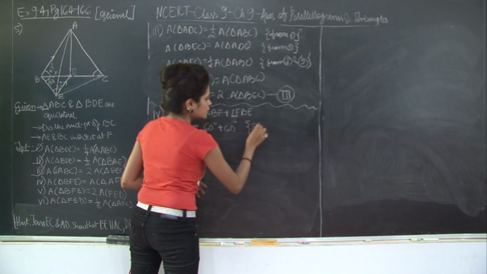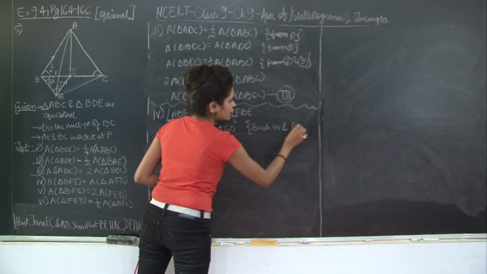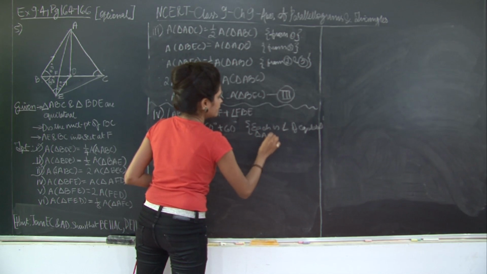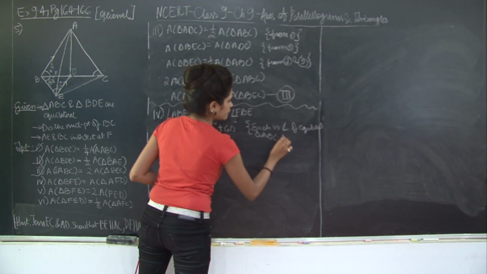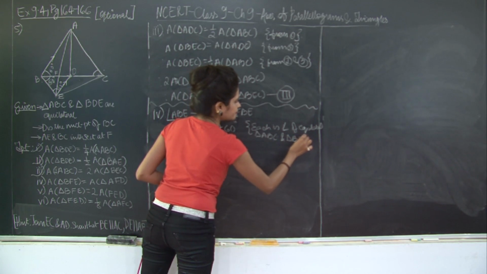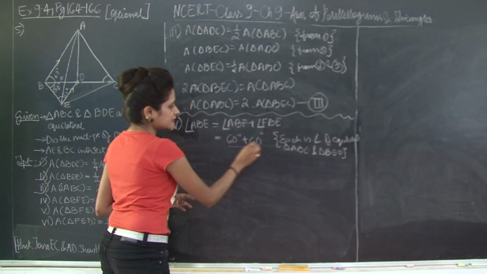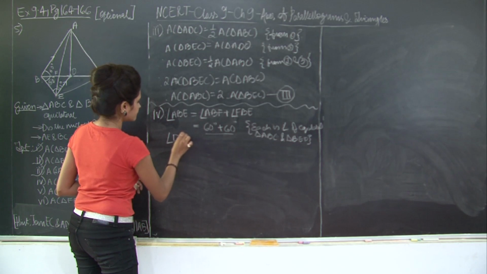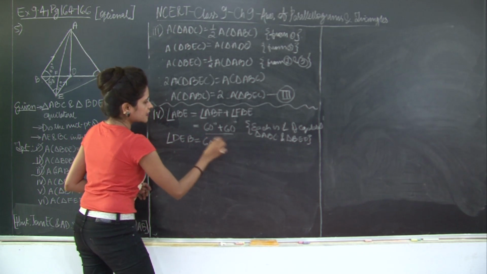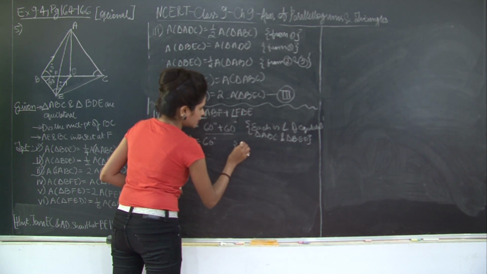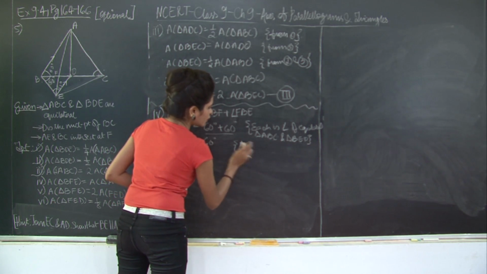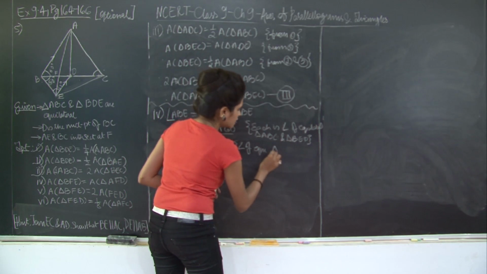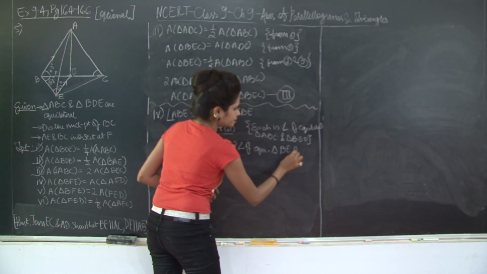Because each is an angle of equilateral triangle ABC and triangle BED. So this is 60 plus 60 and I have angle DEB is equal to 60 degrees. Again it is an angle of equilateral triangle BED, right.